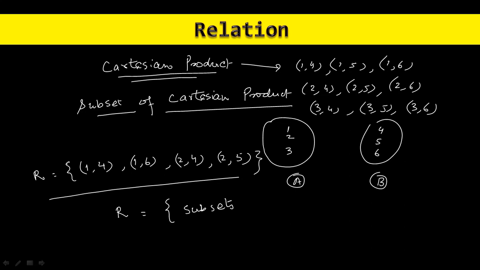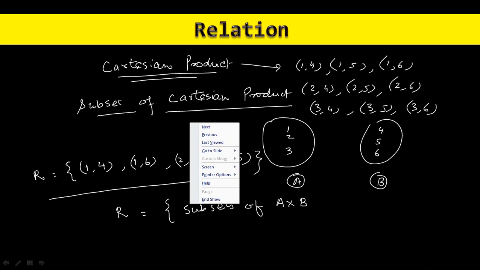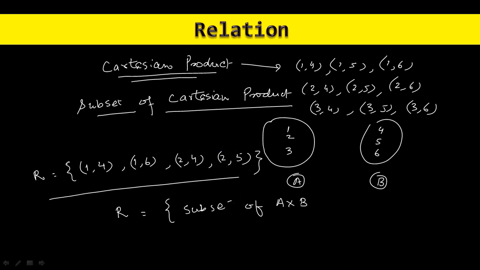You can write subset only, subset of A cross B. This one is basically the content.